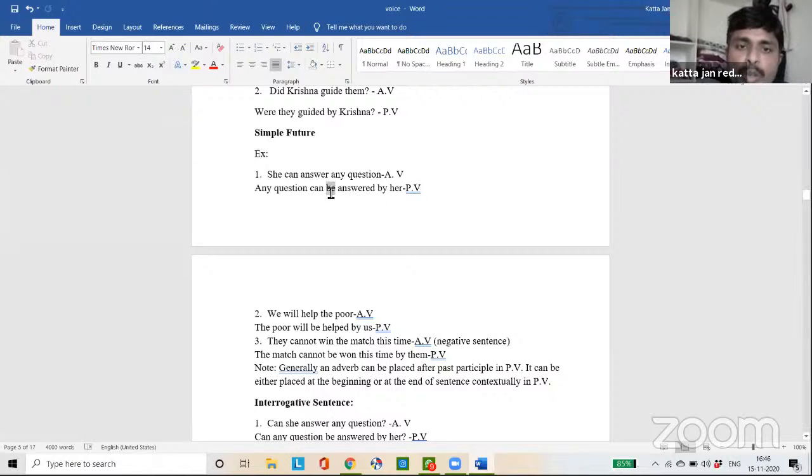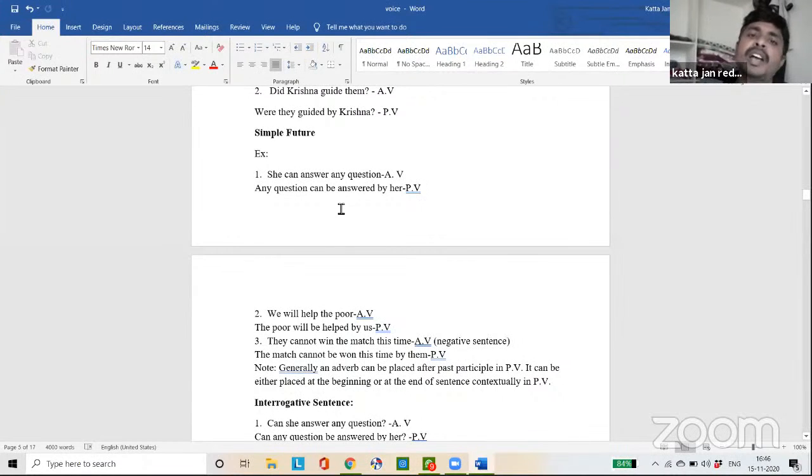Here, without be, answered is an active verb. But when be is used before it, then answered becomes a passive verb. So active verbs become passive verbs when the verbs are followed by be forms.